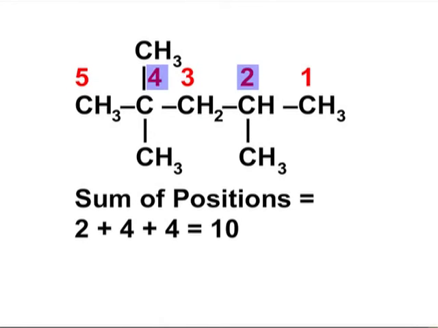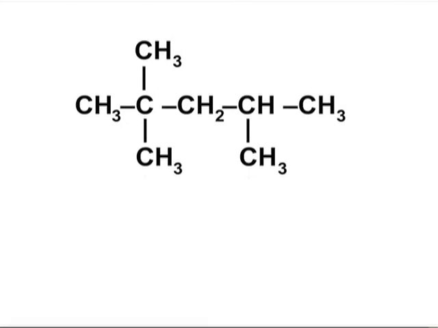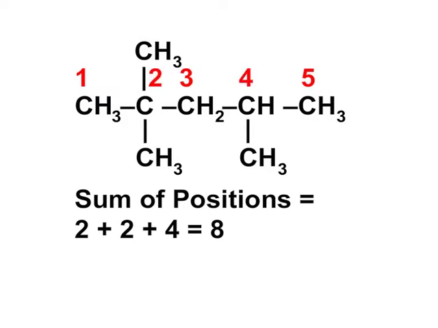Sum of positions is equal to 2 plus 4 plus 4 equal to 10. Let's start numbering in a different way. In this way, sum of positions is equal to 2 plus 2 plus 4 equal to 8. This is the correct way of naming. The previous one is the wrong way.